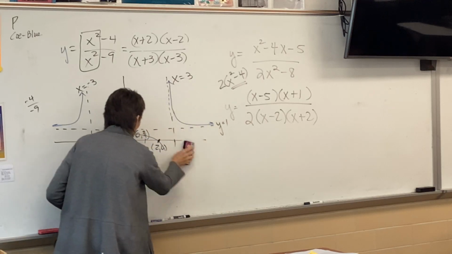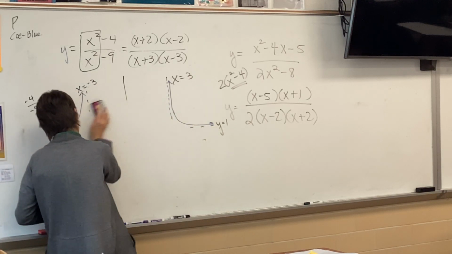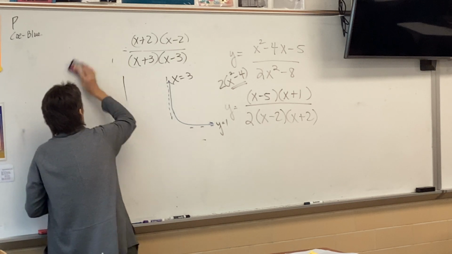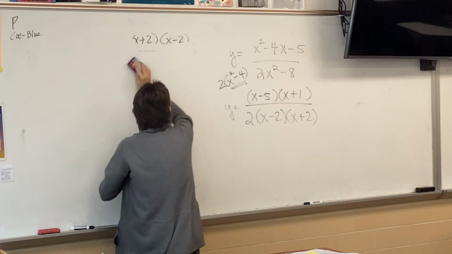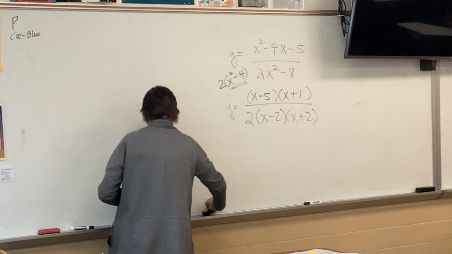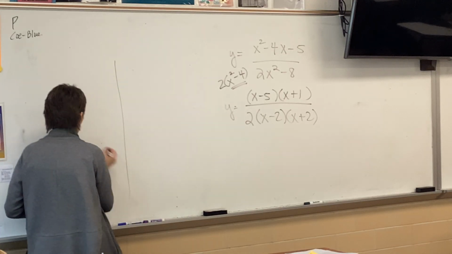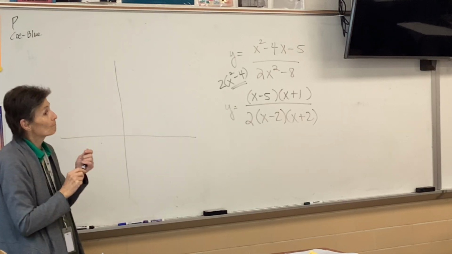Will this problem have any holes? No. Because even though we could factor all over the place, nothing cancels. If nothing cancels, then we don't have any holes. Alright, so tell me what I do have.